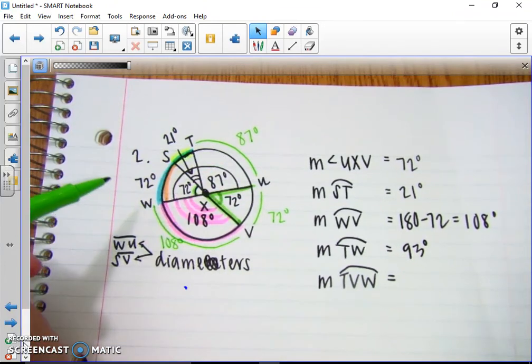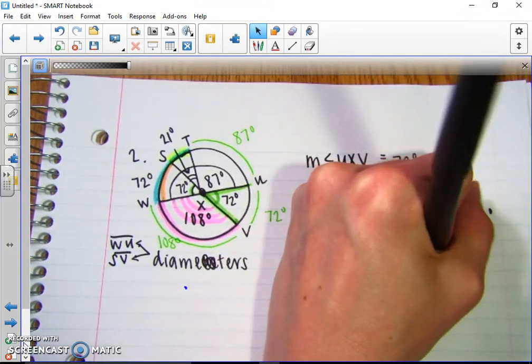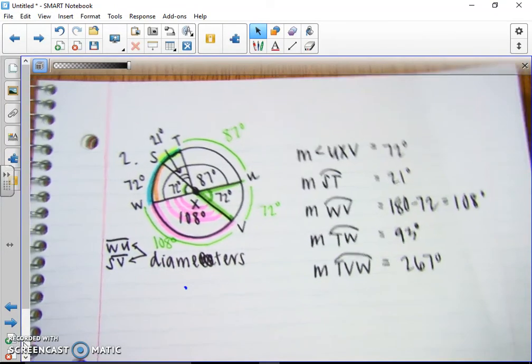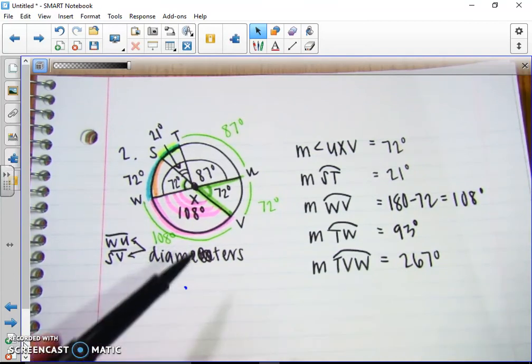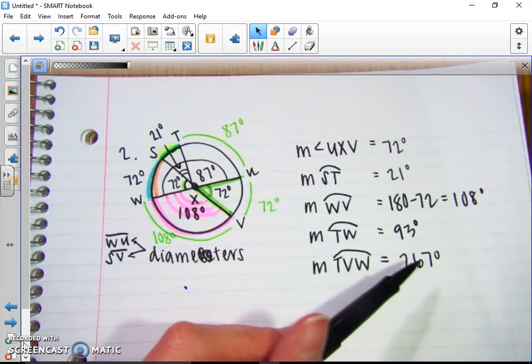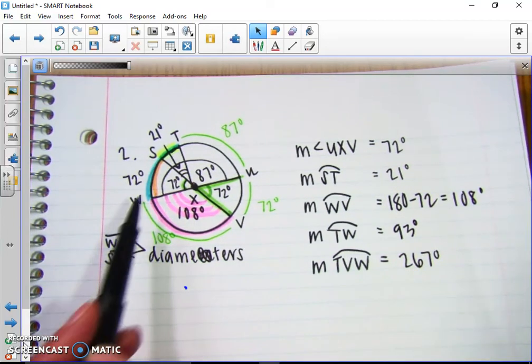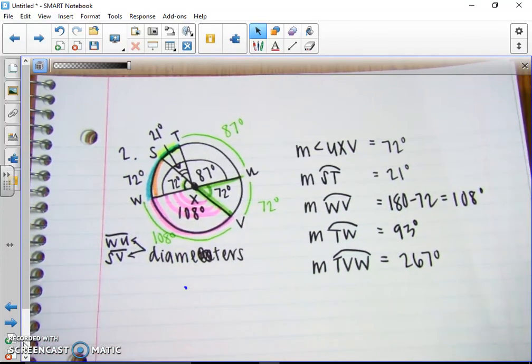So if we add those up, we'll get our final arc measure. So we have 87 plus 72 plus 108, and we get a total of 267 degrees is the arc measure. And as always, make sure that you're just checking the reasonableness of your answers. If we had gotten that our answer was only 67, we'd probably want to go back and check, because by looking at this, it clearly looks like it's more than half of the circle.